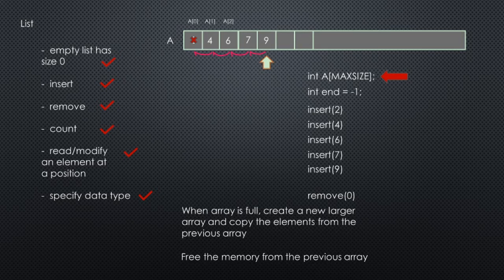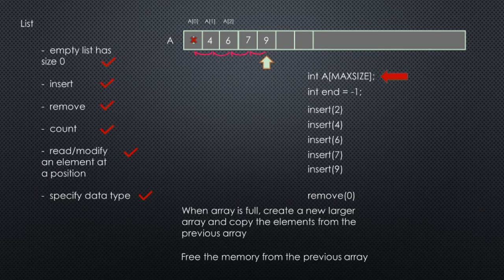This whole operation of creating a new array and copying all of the elements from the previous array into the new array is costly in terms of time, and a good design would be to avoid such costs. So the strategy that we choose is, each time the array is full, we create a new array at double the size of the previous array. And why that is so, we will not be discussing in this lesson.